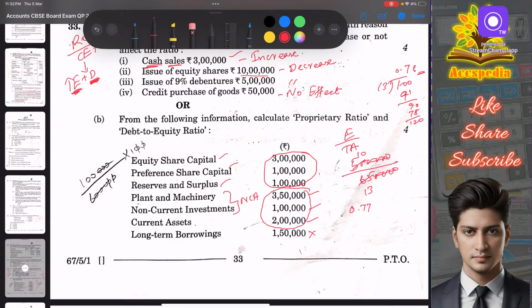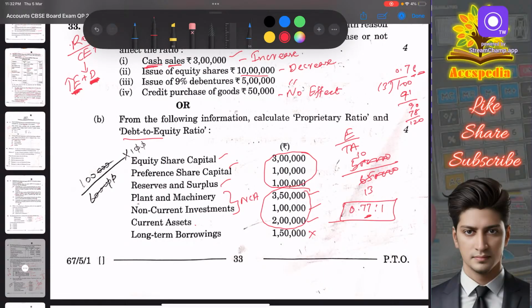Based on the third digit, you round off the second digit. If the third digit is 5 or above, make the second digit the next number. If the third digit is below 5, just write the second digit as it is. So this is the proprietary ratio.